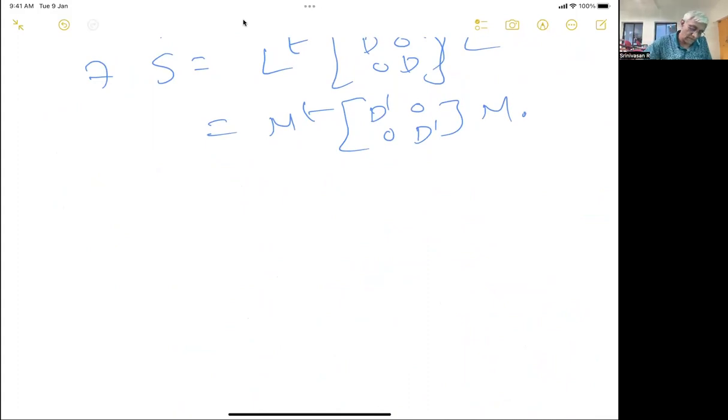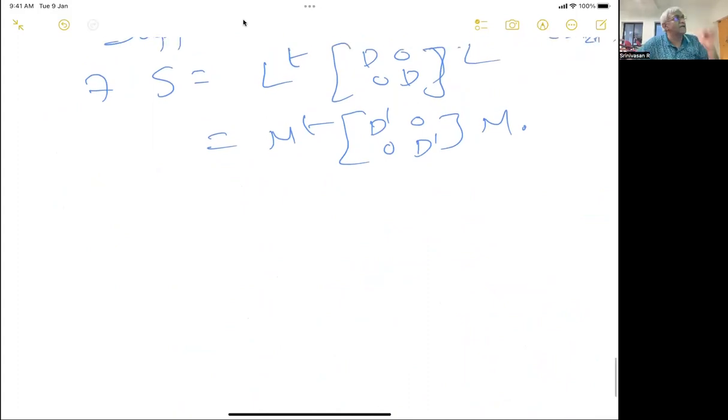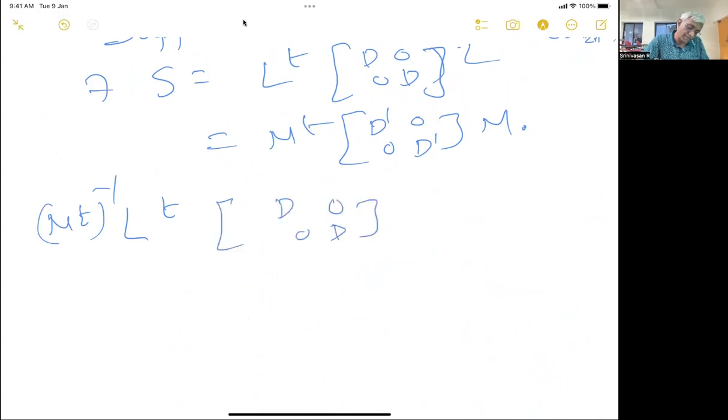Okay. So now to prove uniqueness, S looks like this, using a symplectic L and symplectic M. Then S also looks like L transpose, M transpose inverse, D 0 0 D, L, M inverse, equal to D prime 0 0 D prime.